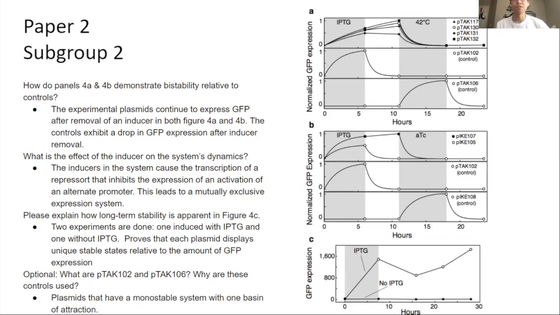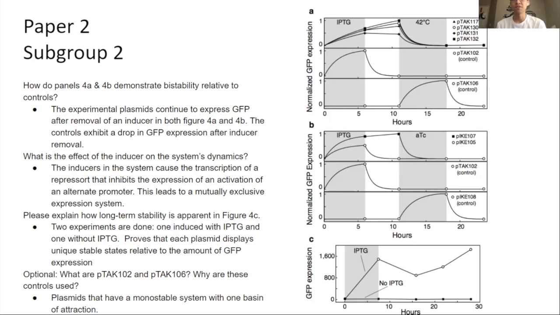And the gray region represents the time when the inducer is present, whether it be IPTG, heat, or anhydrotetracycline. There are two lines on the figure that are representative of PTAC 117, one of the plasmids that show bistability.